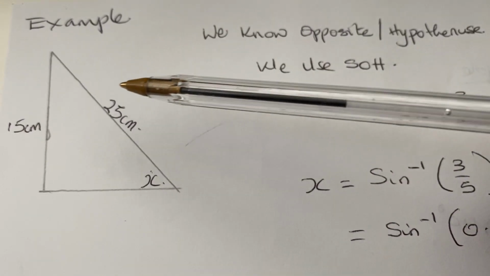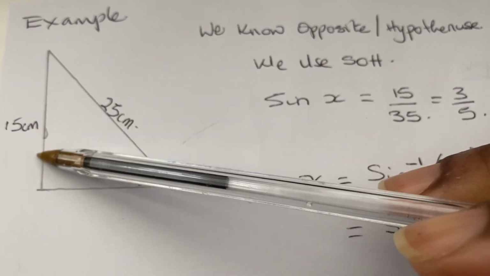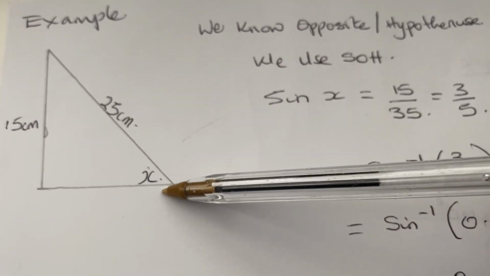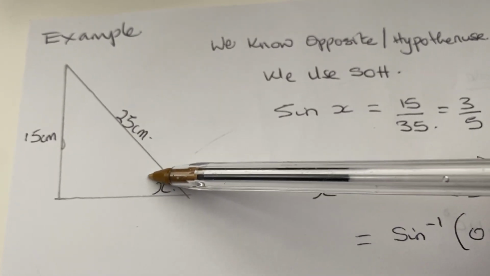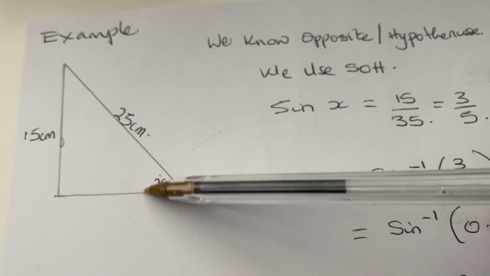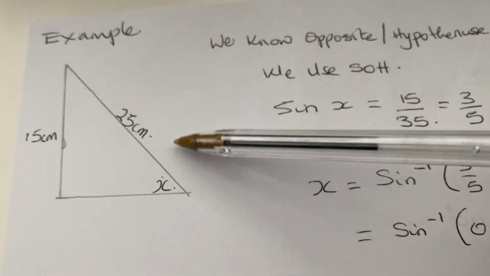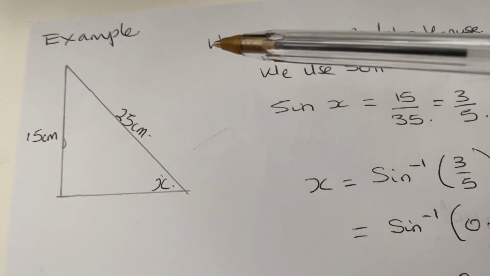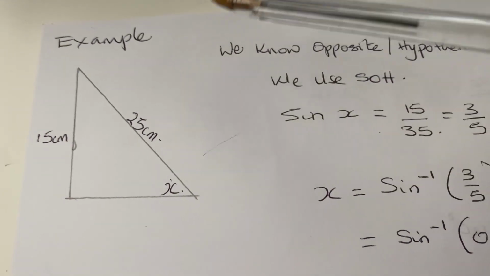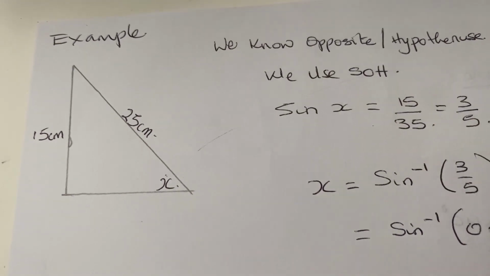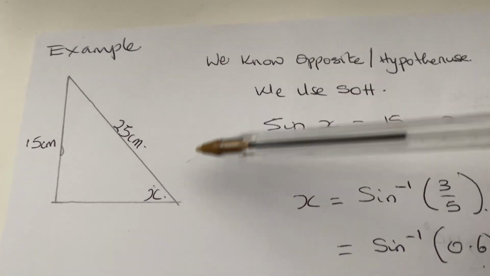But here we know 2 sides and we are asked to find an angle. In Pythagoras, they ask us to find length. So that is one difference. I spoke to you about that yesterday.